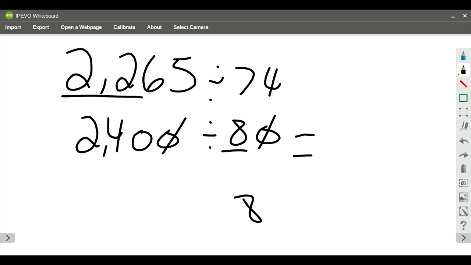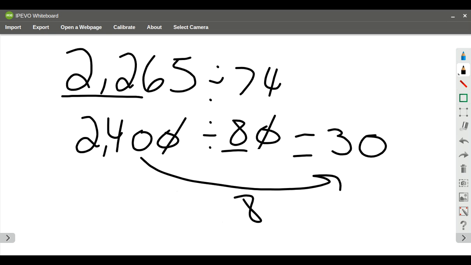I have that 1 zero that I'm going to go ahead and bring over to my quotient, and I'm left with 24 divided by 8. So I get 30 as my answer. So it's a reasonable estimate because, yes, I rounded up here and I rounded up here, but my answer is going to be somewhere between 2,265 and 2,400.